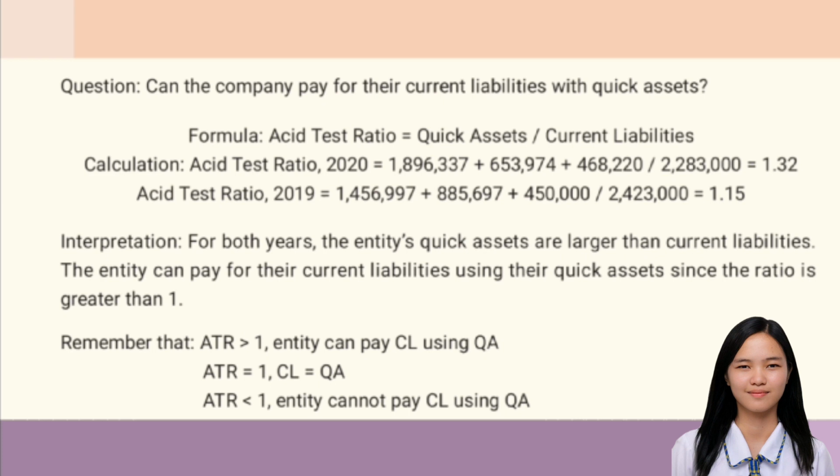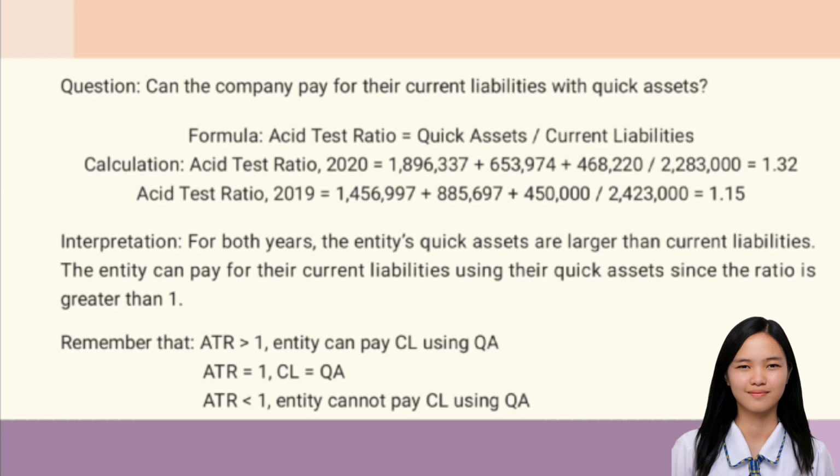The interpretation would be, for both years, the entity's quick assets are larger than current liabilities. The entity can pay for their current liabilities using their quick assets since the ratio is greater than 1. Remember that when asset test ratio is greater than 1, the entity can pay for their current liabilities using quick assets. But if the asset test ratio is equal to 1, quick assets are equal to the current liabilities.